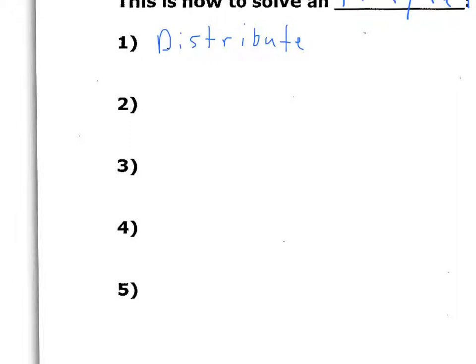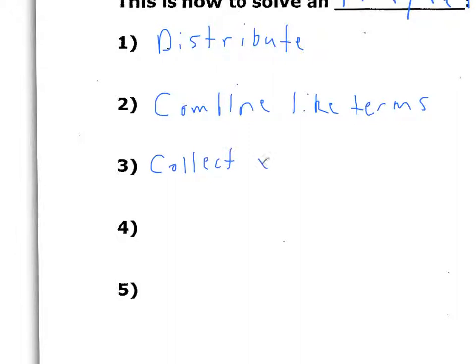The next one is to combine like terms. So distribute, combine like terms, collect x's on same side.